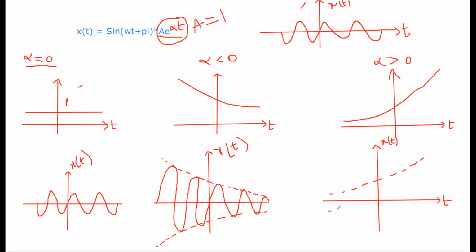Now I would like to draw a growing exponential with a sinusoidal signal. If we multiply the growing exponential with the sinusoidal signal, then the resultant would be a growing sinusoidal signal. See here, the time period of the signal won't get changed, but the amplitude of the signal will be changed.